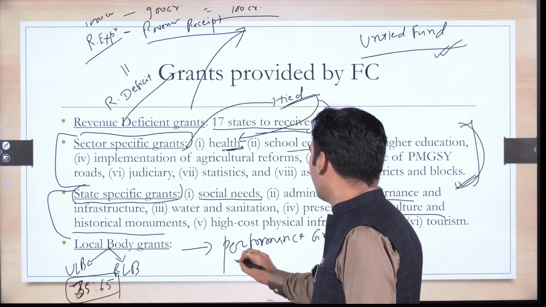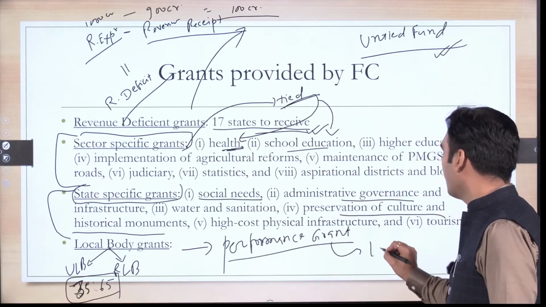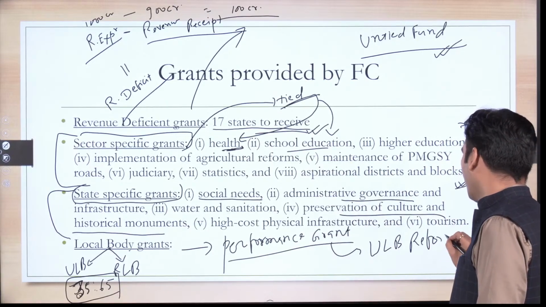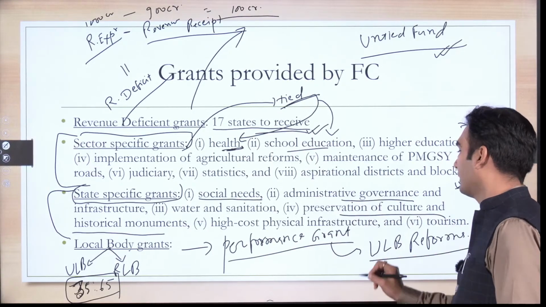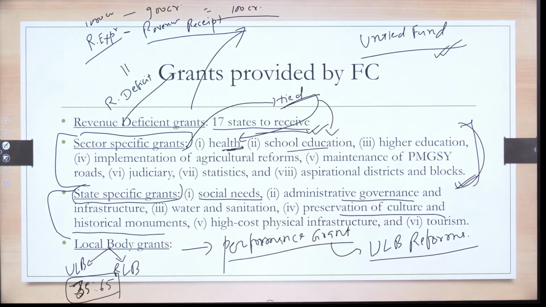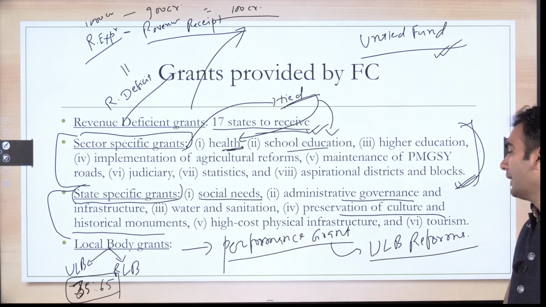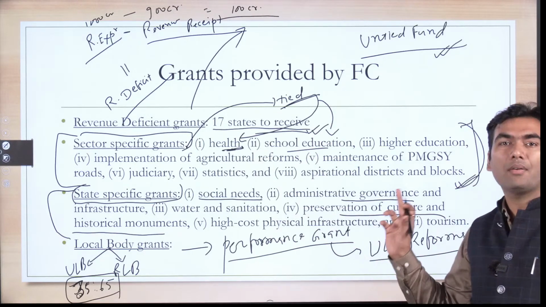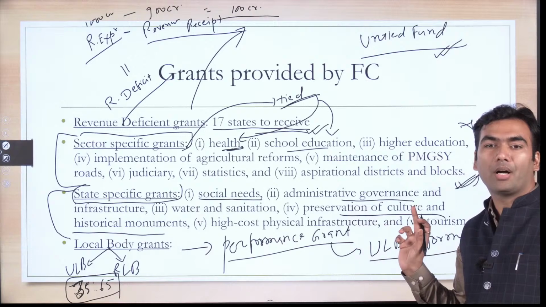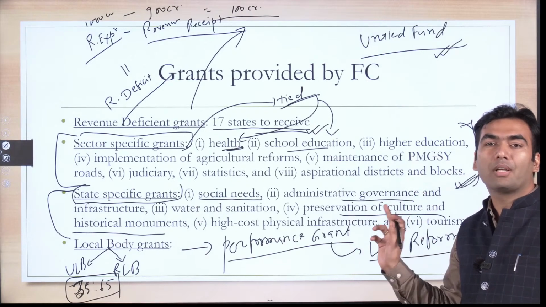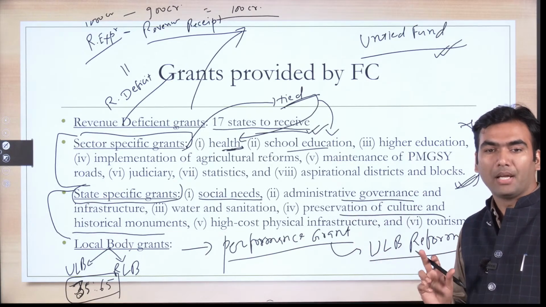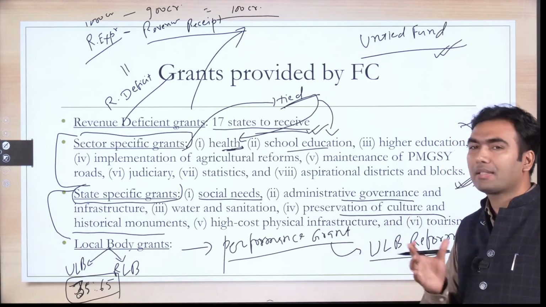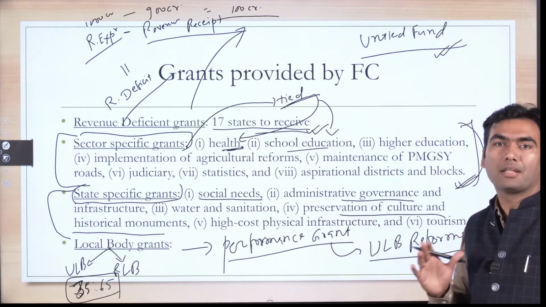And they would be conditional to urban local body reforms. So a part of this grant was called performance grant, which was linked to urban local body reforms. So those states which will do the urban local body reforms, only those states will get these grants. If a state does not do these urban local body reforms, that state will not get these grants.